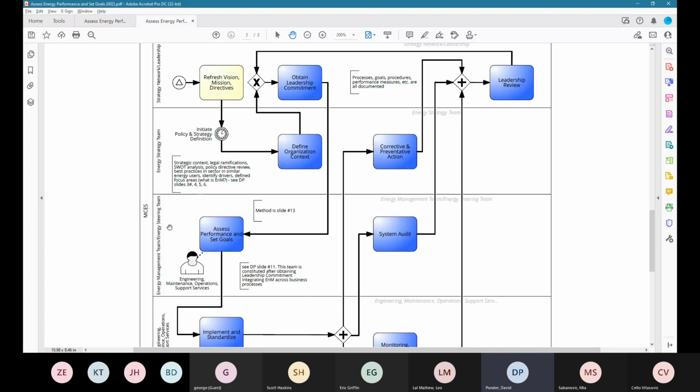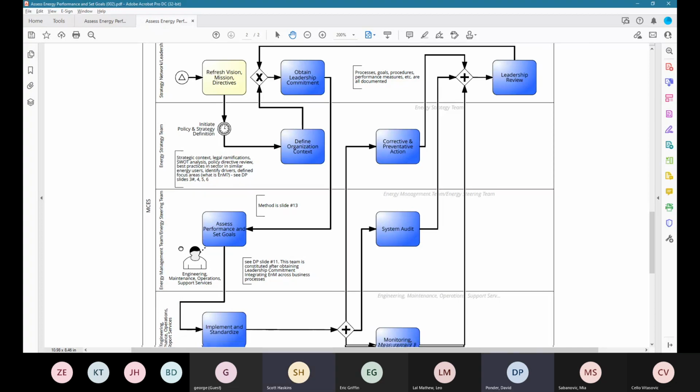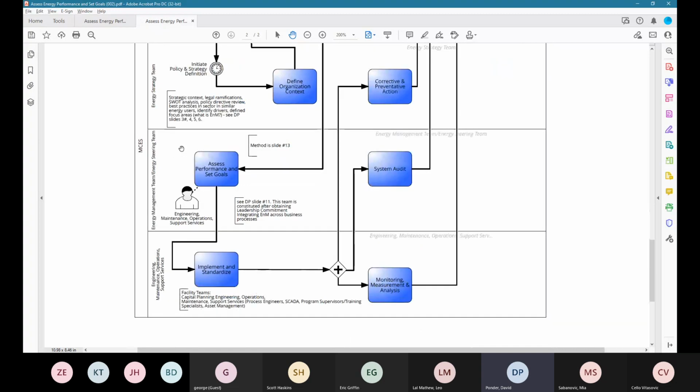And then you'd convene a group of folks with that representation, and then you would go through a process of performance assessment and goal setting. And you would do this really at a facility by facility level.